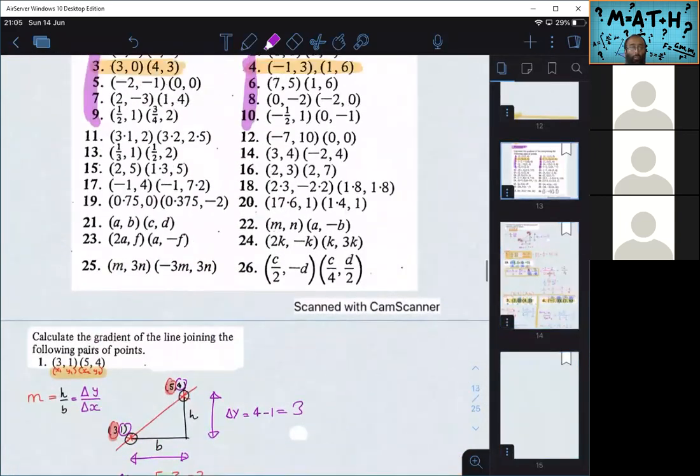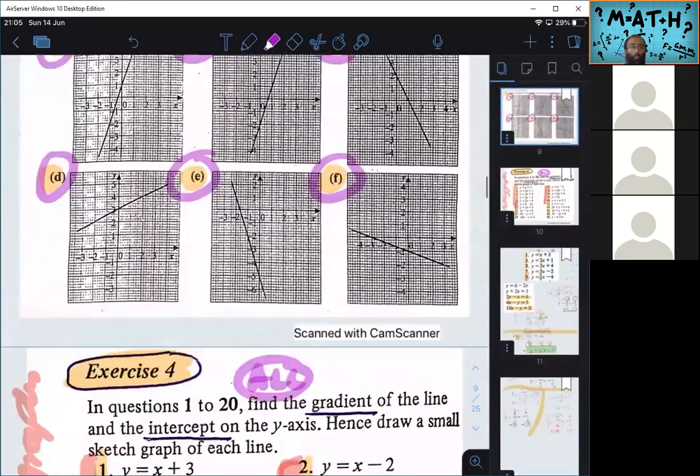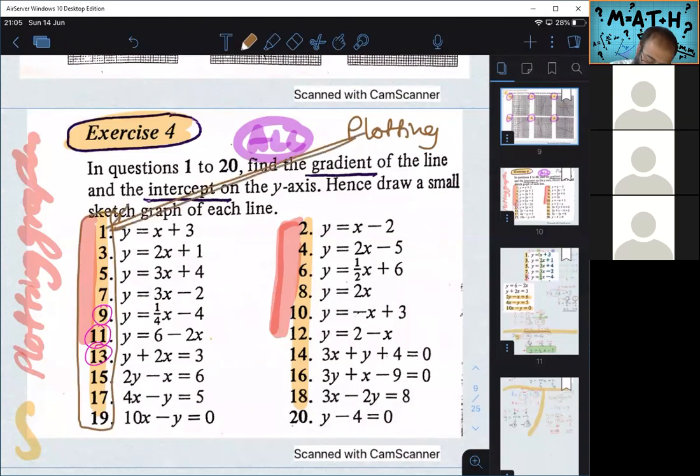So let's go back up here, I think it is. Okay, and then we need to plot some graphs. The graph plotting. I think we should do the plotting of this section here. Just that section there.